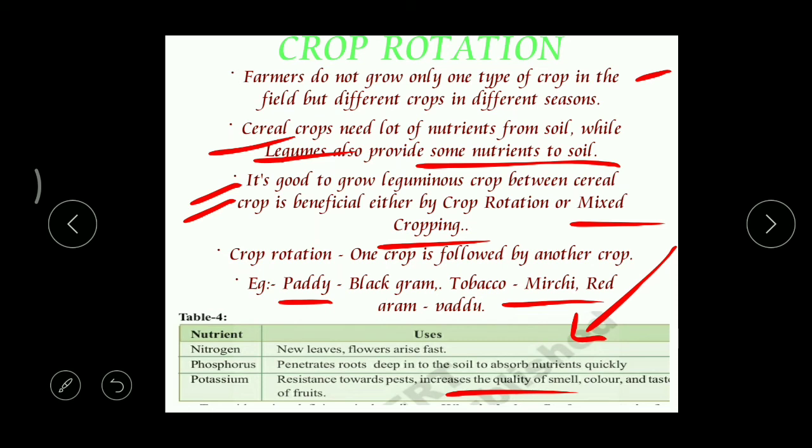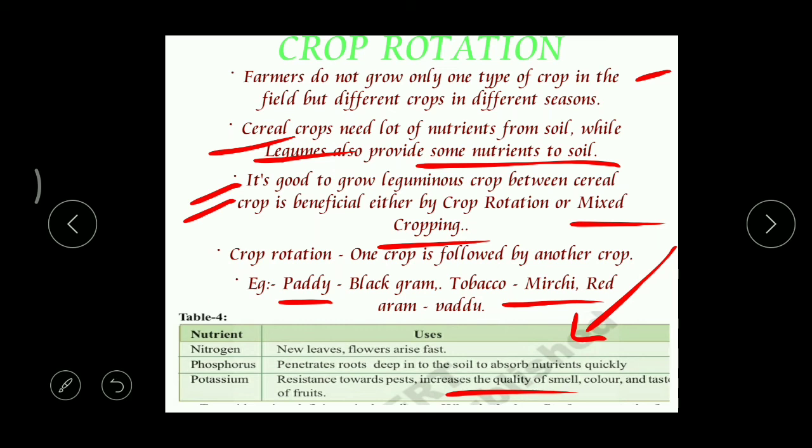color and taste. For example, when you go to the market to purchase some mangoes, what do you do? Will you blindly take some random mangoes? No. First, you select the mangoes depending upon their color, which are in orange color or which are in yellow color, reddish yellow color, like this.